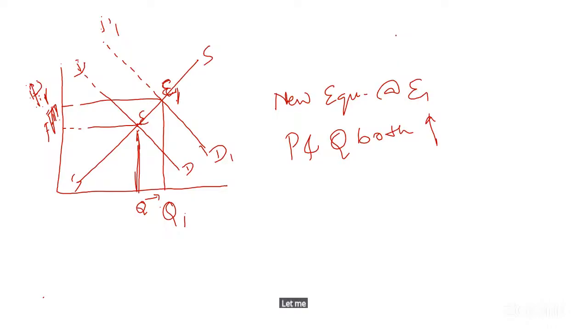Let me know once you have completed the diagram and the result. Then we will move on to case 2. Shall I dictate the case 2? Yes, ma'am. Okay. Case 2. This I will keep as a reference for you.